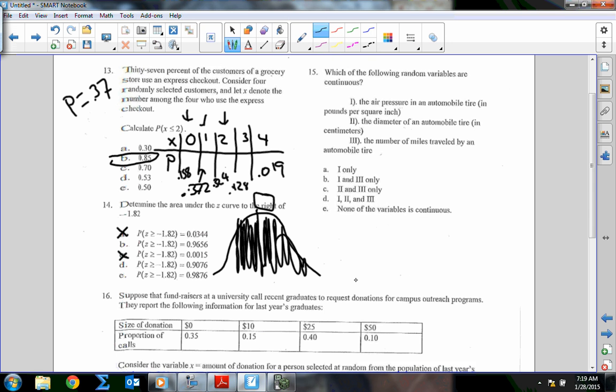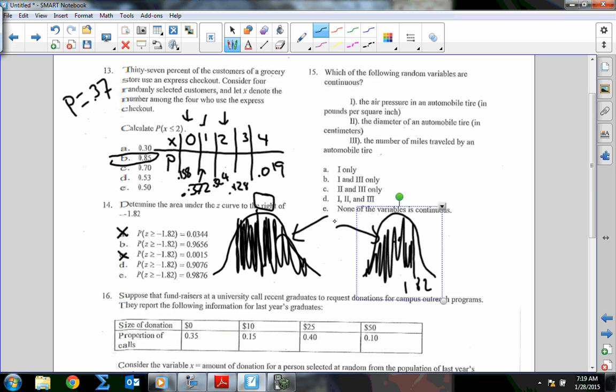So if I look up positive 1.82, and it gives me this area to the left, this area and this area are the same. So those are 2 ways to do it.